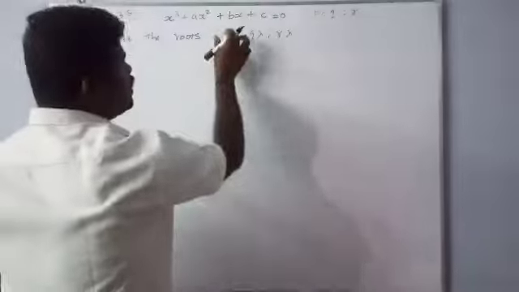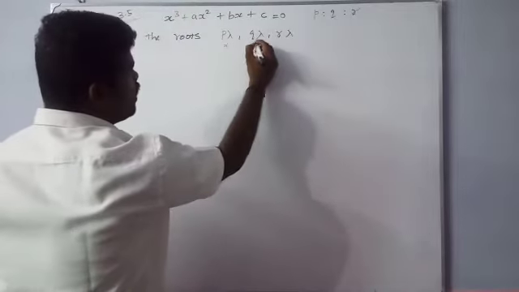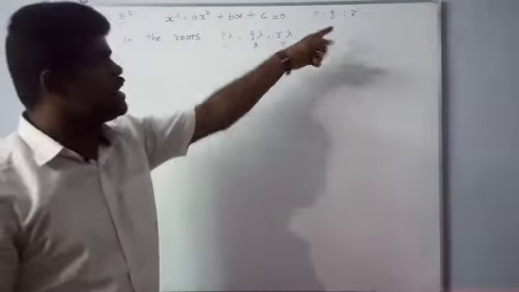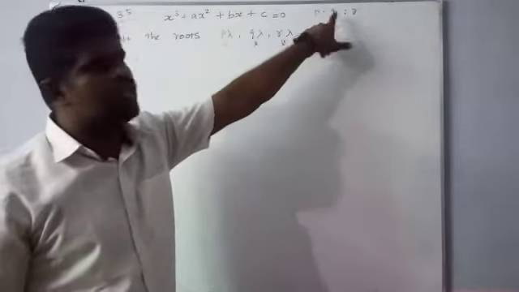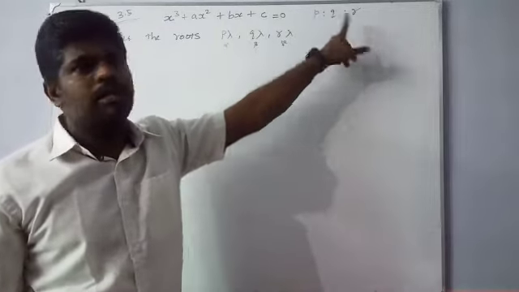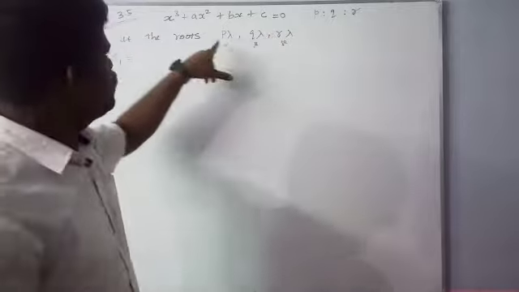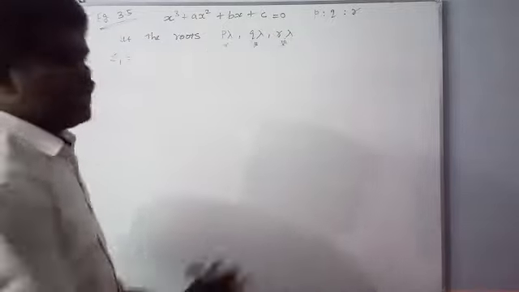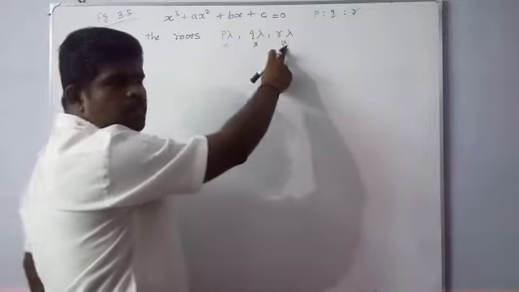Right? Now, summation 1. Summation 1 means what? Let us consider this one is alpha, this one is beta, and this one is gamma. But we don't take alpha, beta, gamma because there is a ratio p, q, r. The three ratios have to be common at lambda. That's why we have to write p lambda, q lambda, r lambda, like alpha, beta, gamma.